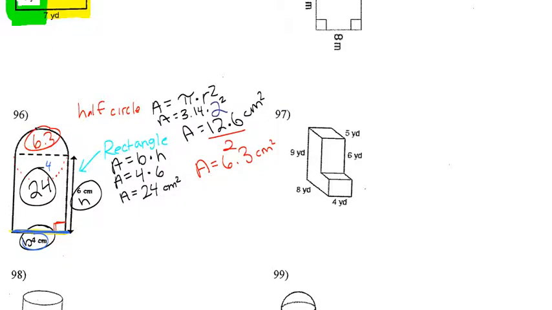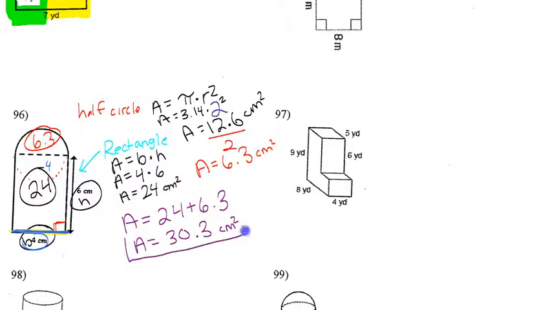Now to find the area of the entire figure, I'm going to add those two mini areas together, 6.3 and 24. So the area of my whole big piece, A, equals 24 plus 6.3, and 24 plus 6.3 is 30.3 centimeters squared. And that is the area of the entire figure.